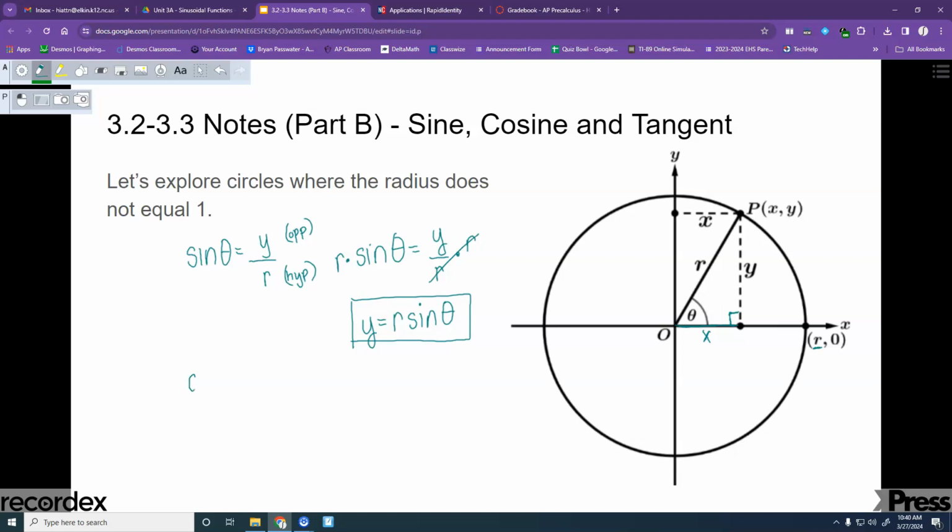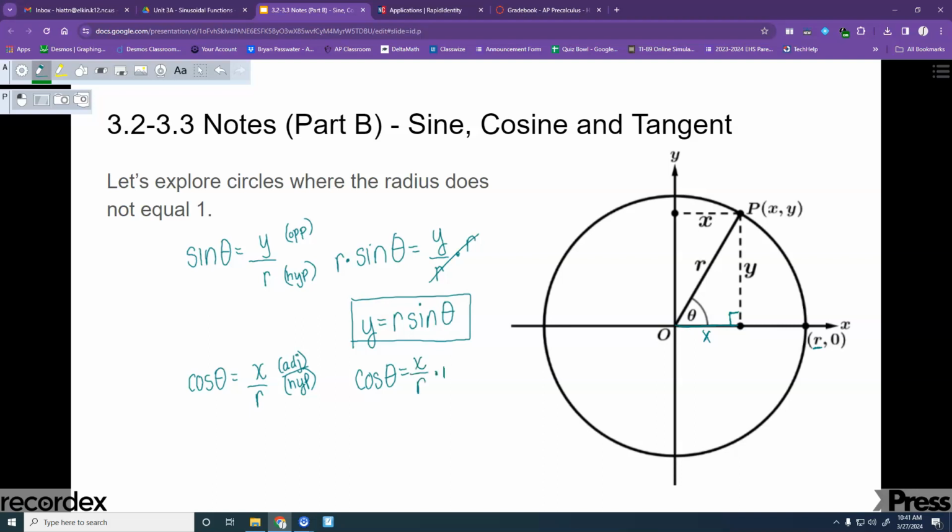Cosine's very similar. Cosine of theta would be, if I look at this triangle right here, the adjacent side right here is x. The hypotenuse is r, so that's adjacent over hypotenuse. And if we took that, we got cosine of theta equals x over r.